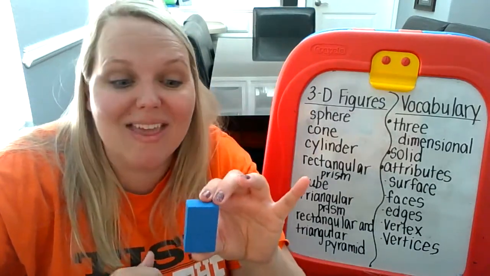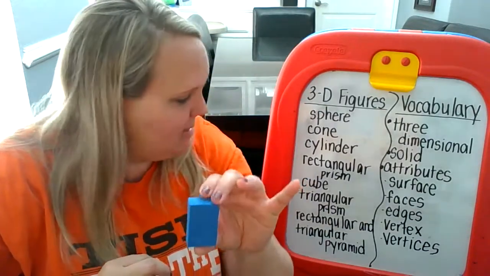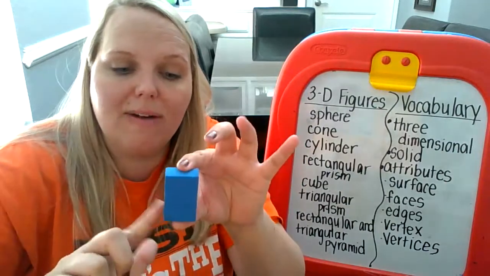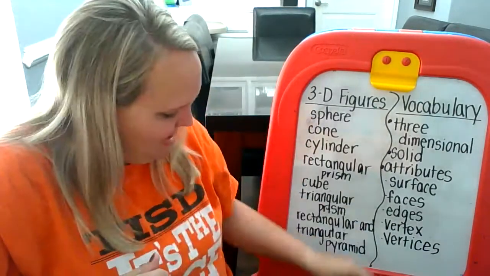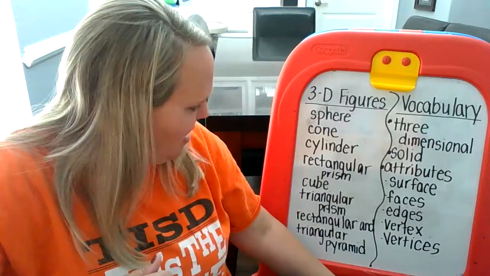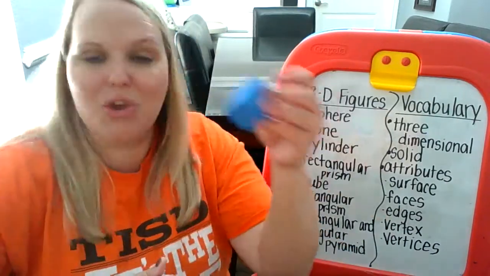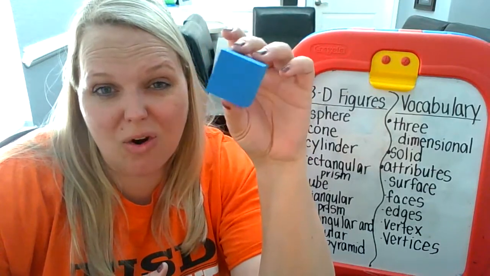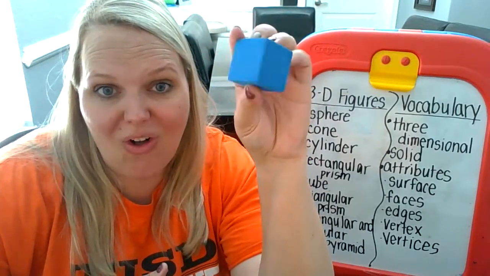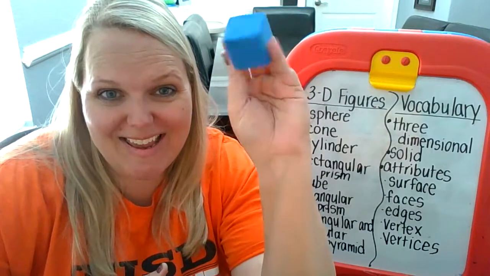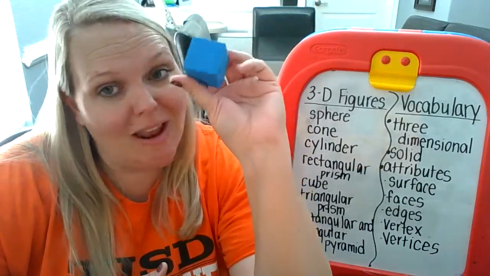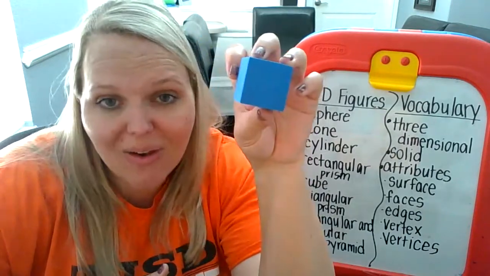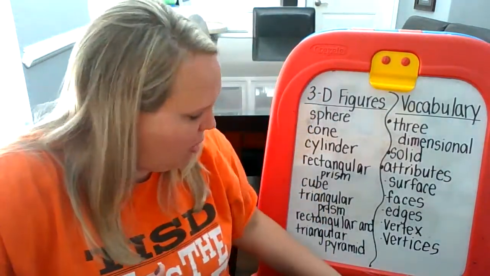And then its vertices, or the corners, there's 1, 2, 3, 4, 5, 6, 7, 8. So next we have our cube. Special thing about a cube, look, there's squares on all sides. There can be no rectangles on it, no triangles, no circles, all squares for the cube.